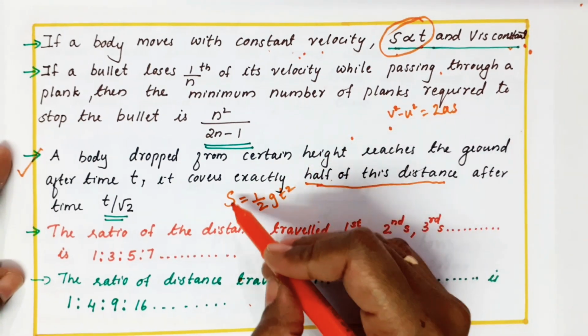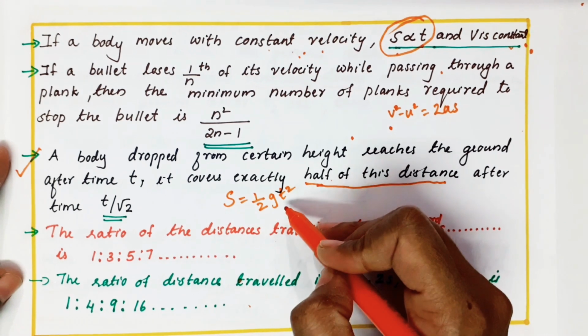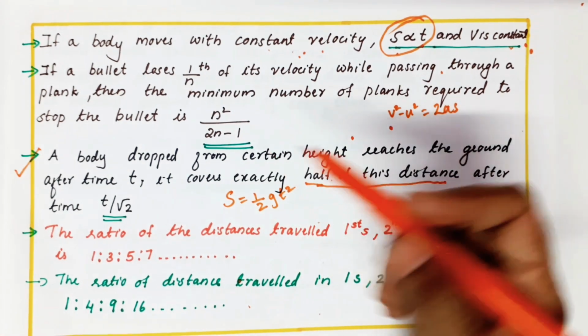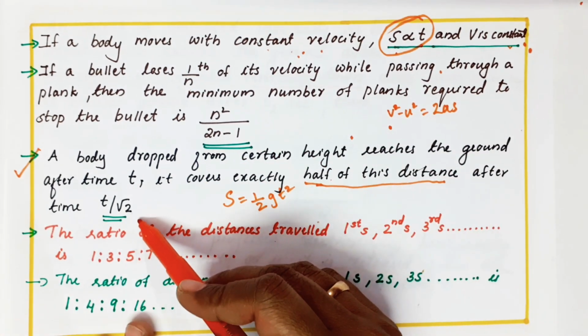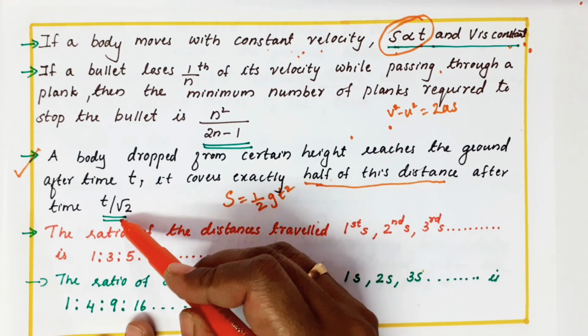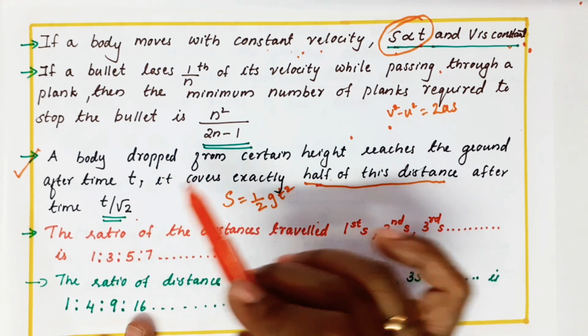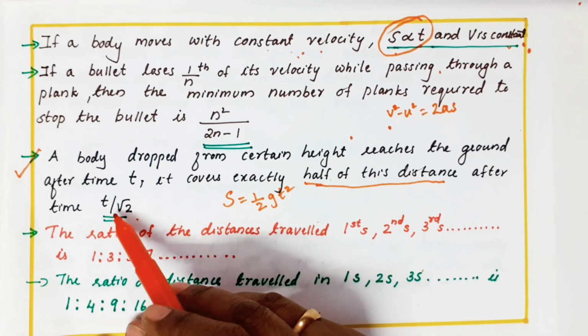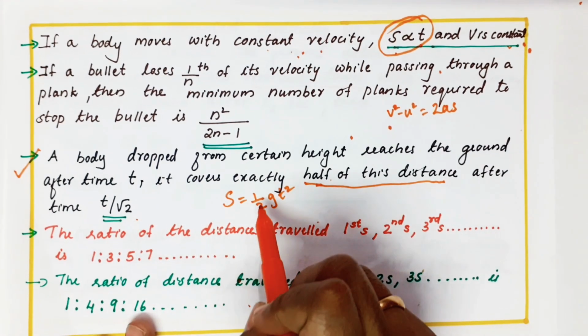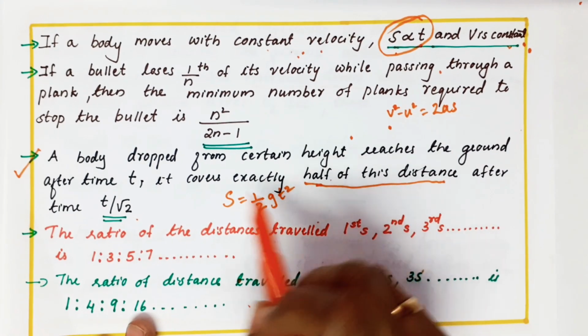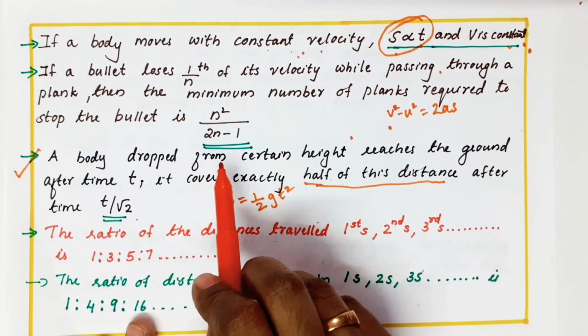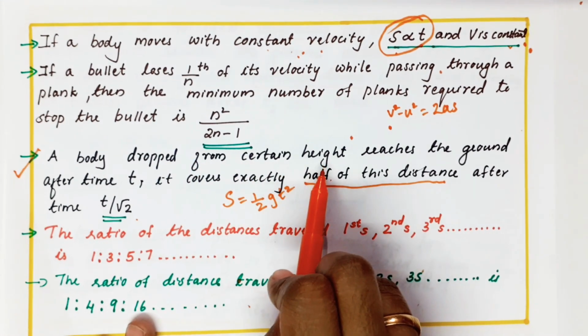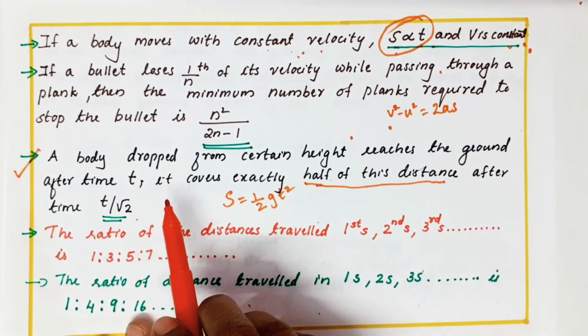So if s becomes s by 2, it is proportional to t square. So what's the time taken? T by root 2. I have seen that many of the students write this answer as t by 2. It is not t by 2, it is t by root 2 because s is equal to half gt square. What is the question? A body dropped from a certain height reaches the ground after the time t.